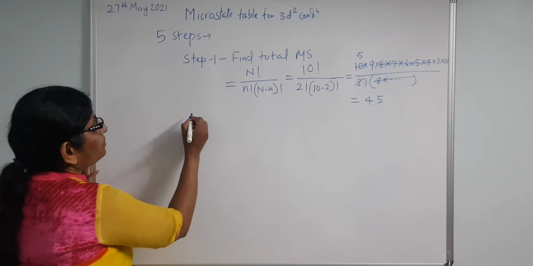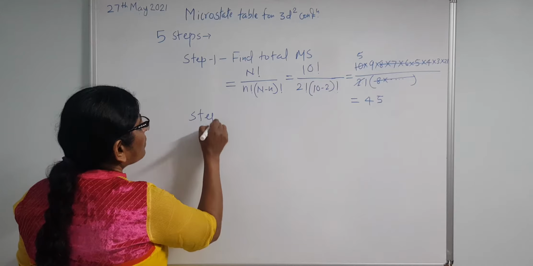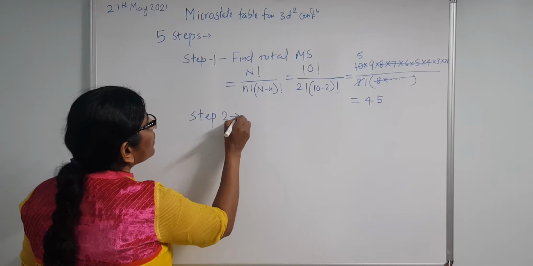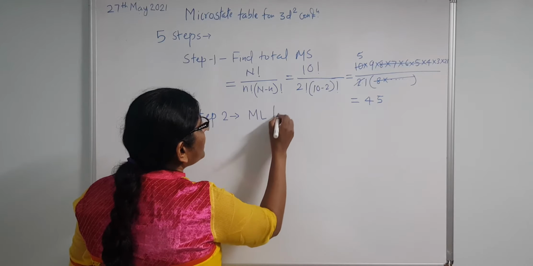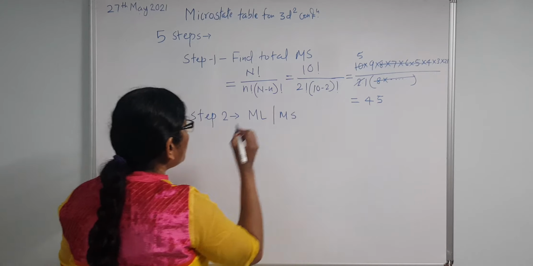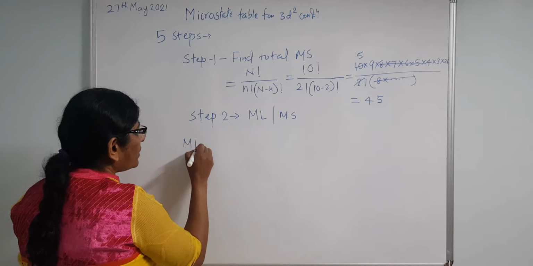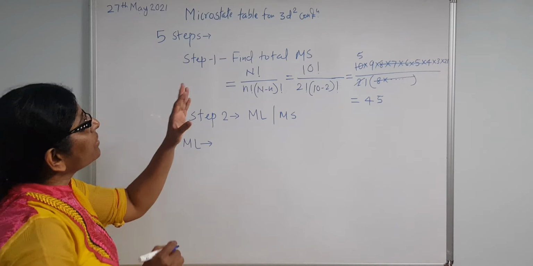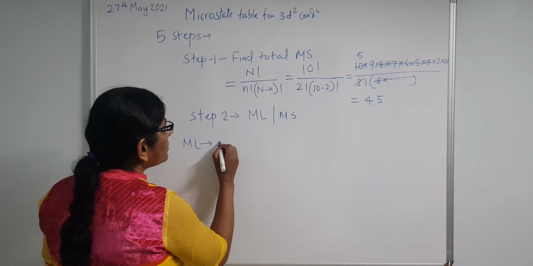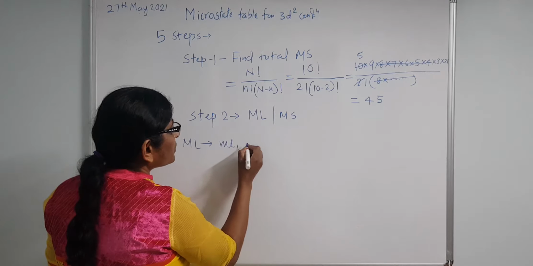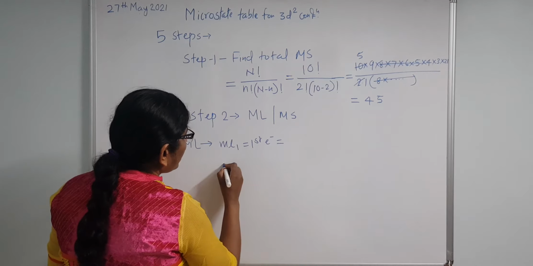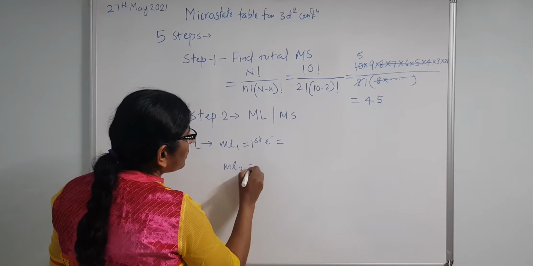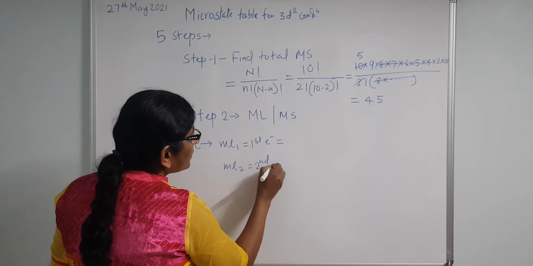Now step 2. Step 2 is you have to get the ml and ms values. How to get the ml value? We'll do ml first. All of you know there are 2 electrons, so we'll label the first electron ml1 and the second electron ml2, in the same orbital.